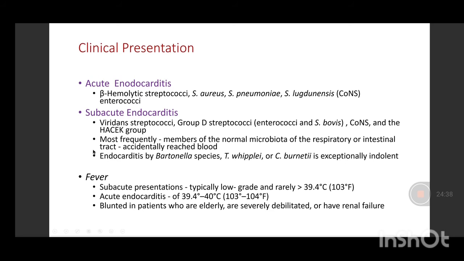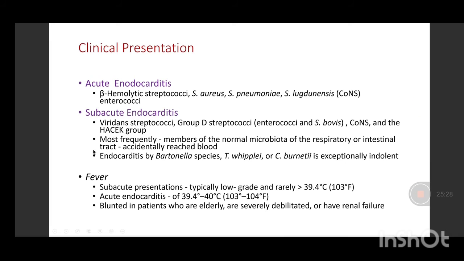high grade. However, there is a certain subset of patients with acute endocarditis who generally have tremendous tissue destruction, in terms of valvular damage and even prolapse of the valve.